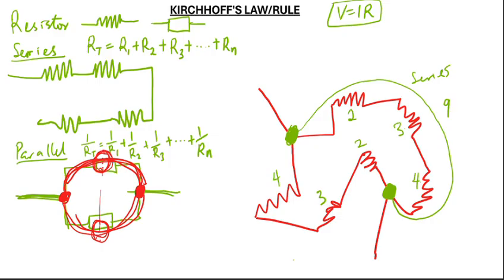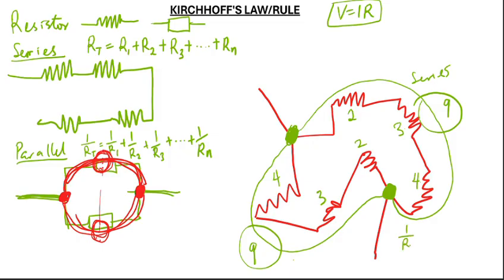Now coming under also, you trace the wire all the way from here to this place. All of them also are in series. If you add them together, that is also 9. And then you can see that this one and this one are now in parallel to each other. So you can now use the parallel formula, which is 1 over R total equals 1 over 9 plus 1 over 9, because those are the two resistances that we have.